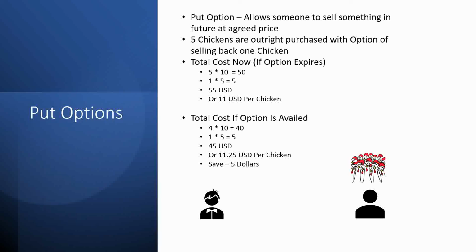But now I have taken 1 chicken back to Mr. Larry, so he had to give me back $5, $45 of the initial cost, and saved $5. So this is how you can hedge your future situation as well.